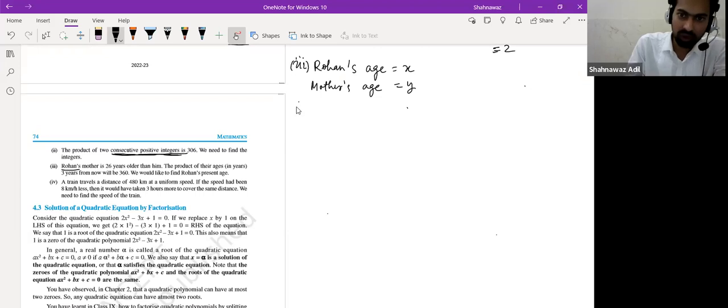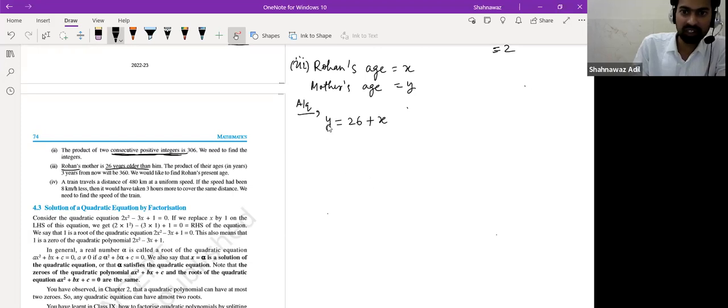So from the first part, what can you say from this information? Let's say this is the mother's age. This is 26 years older than the son's age, right?